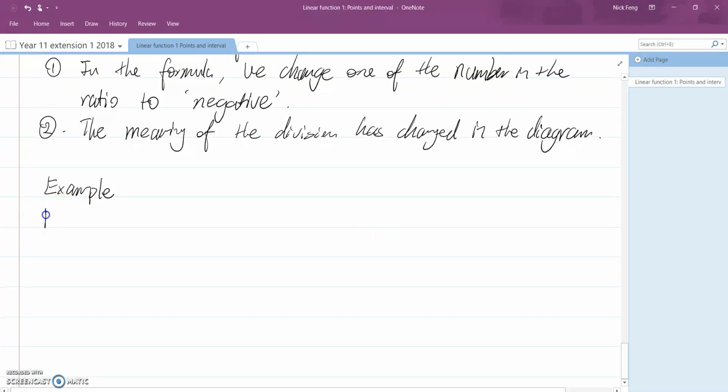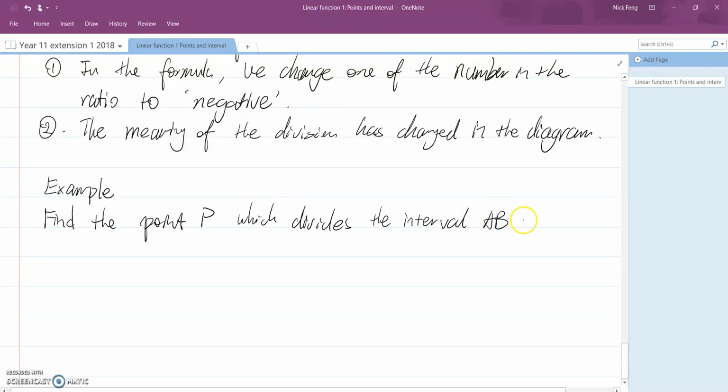Now let's find the point P which divides the interval AB. Remember, AB is not the same as BA.